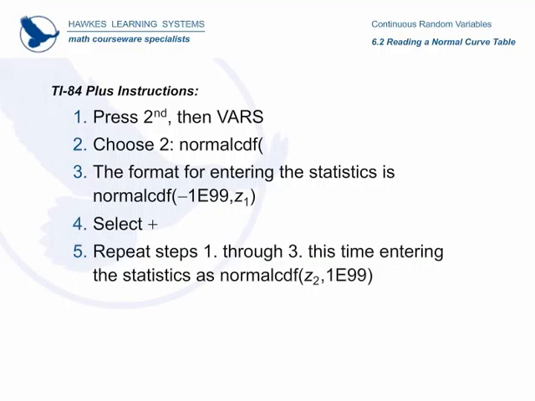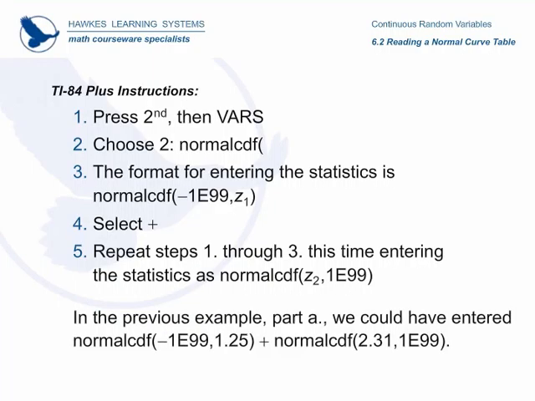Repeat steps 1 through 3, this time entering the statistics as normalcdf(Z sub 2, 1E99). Now in the previous example, part A, we could have entered normalcdf(-1E99, 1.25) plus normalcdf(2.31, 1E99), to find our answers.